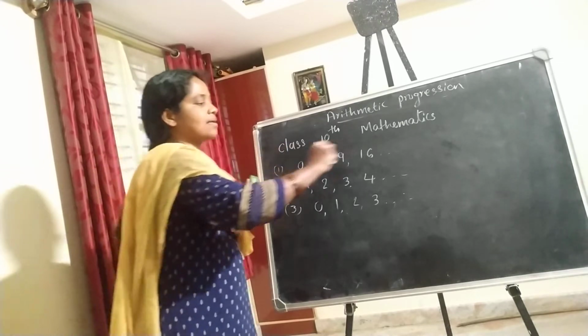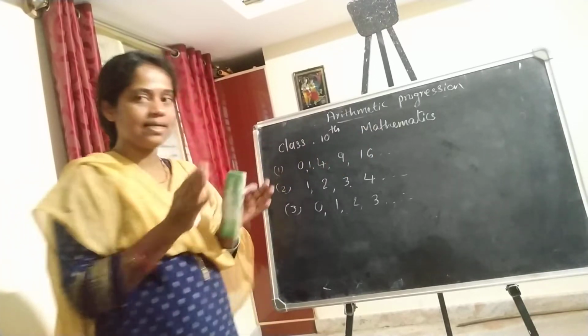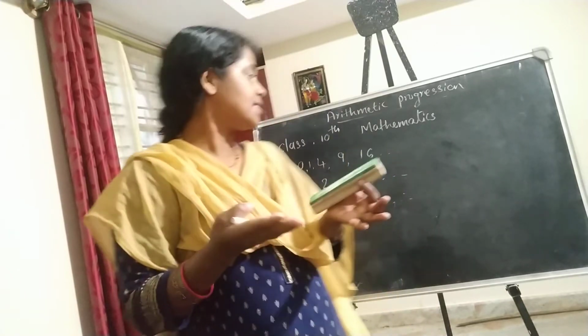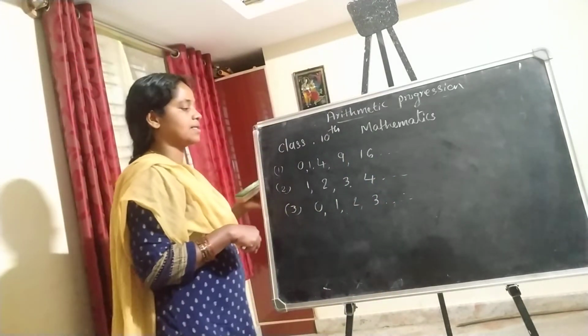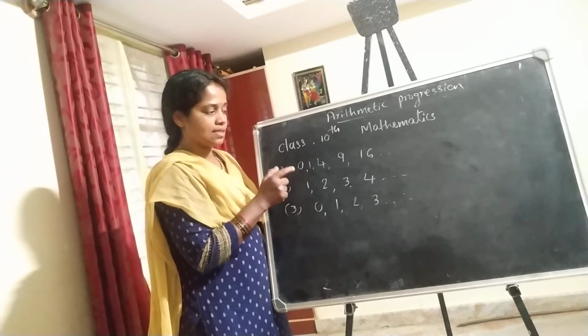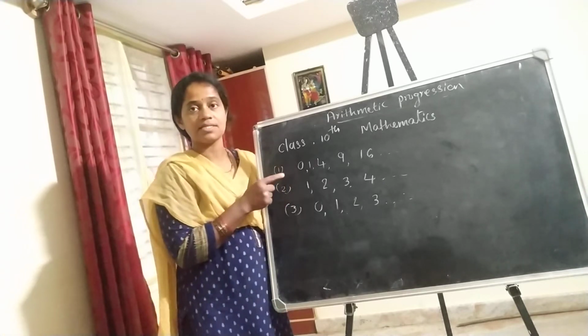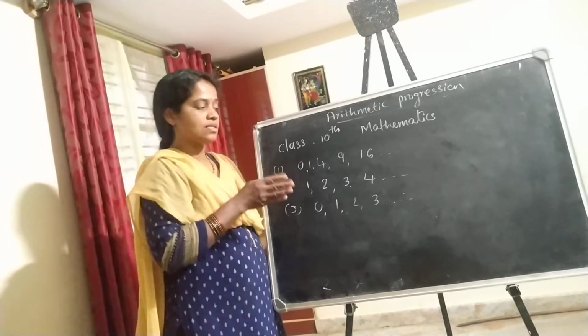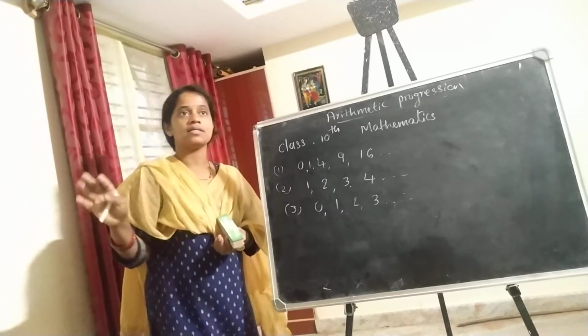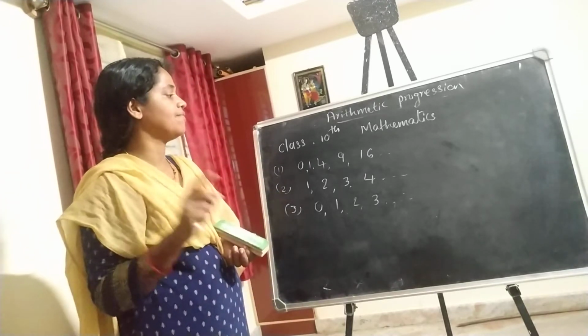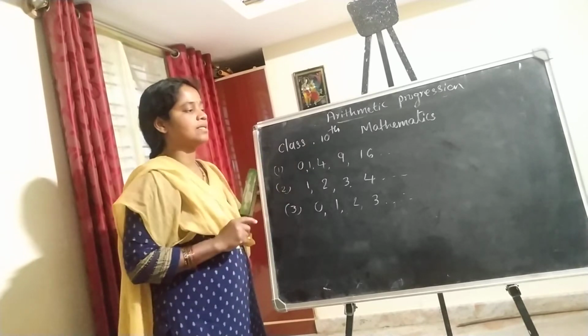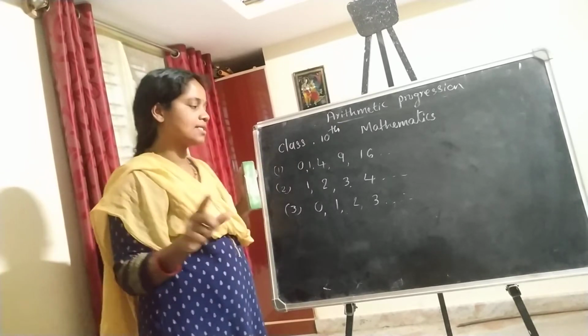It consists only of square numbers, not non-perfect squares. So this is one kind of sequence, because it follows some rule. Every term of this pattern is a square number.